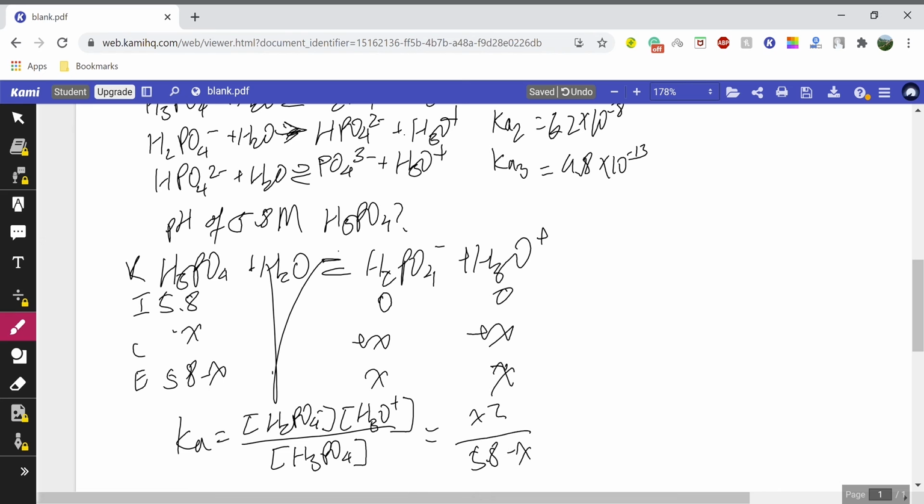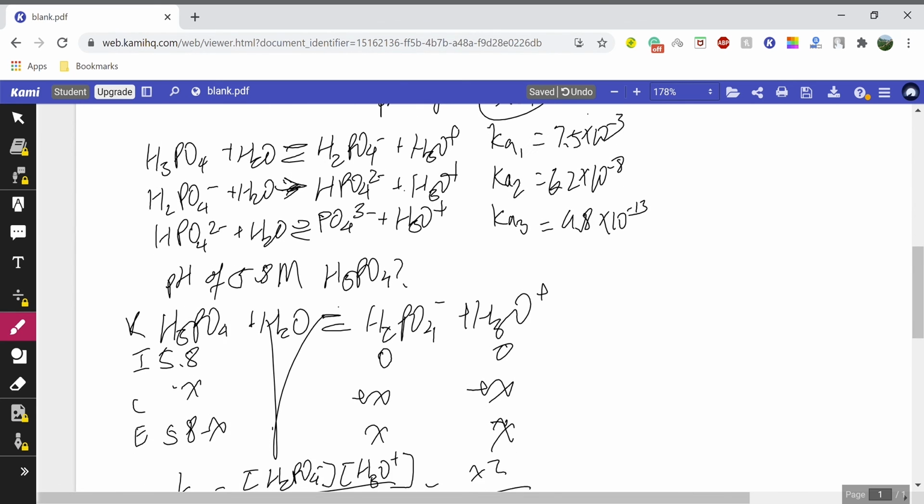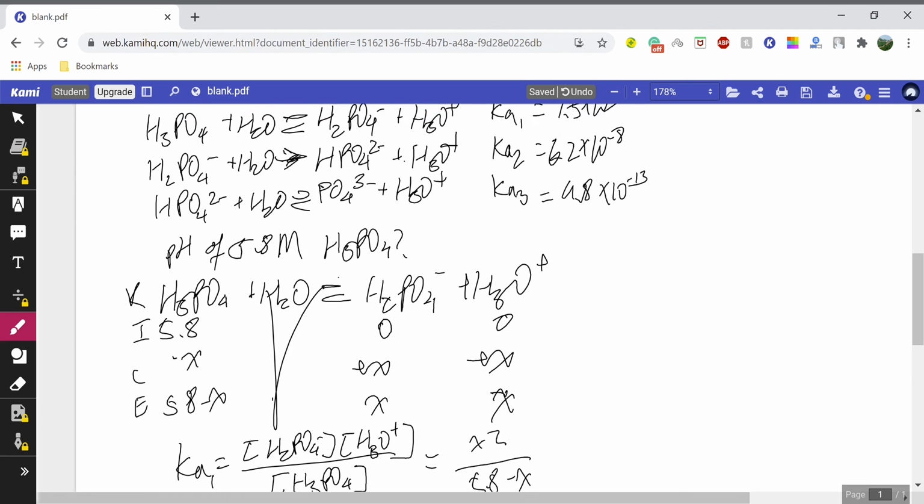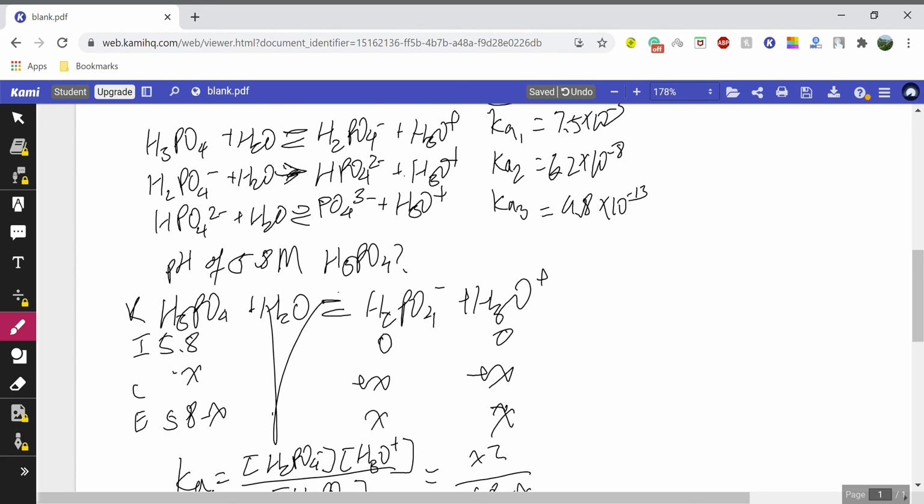We're going to use K1 over here. K1 is 7.5 times 10 to the negative third. So we're going to plug in the fraction first: X squared on top and 5.8 minus X on the bottom, minus 7.5 e to the negative third.